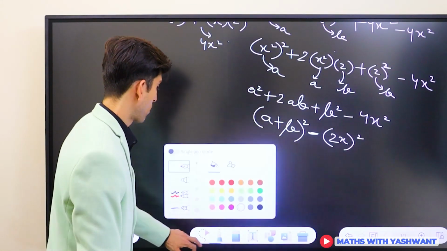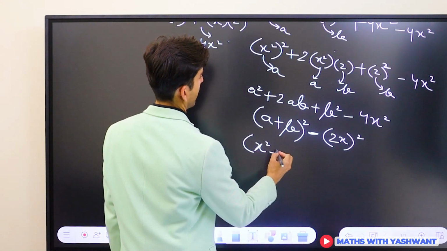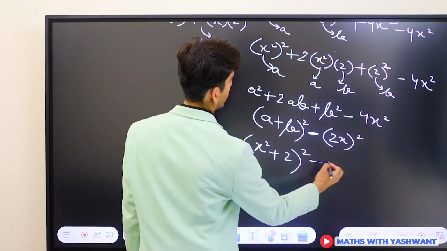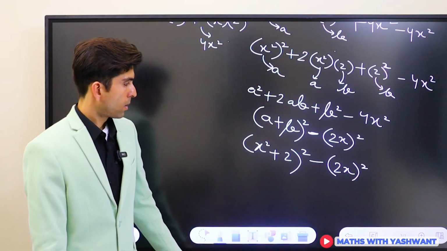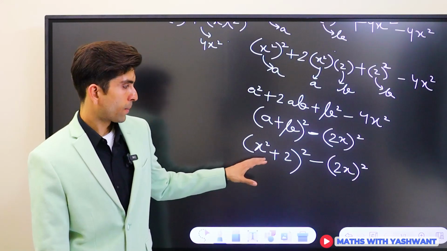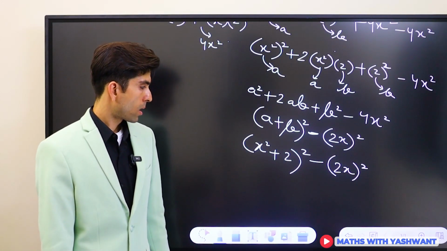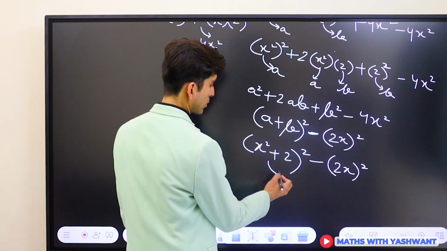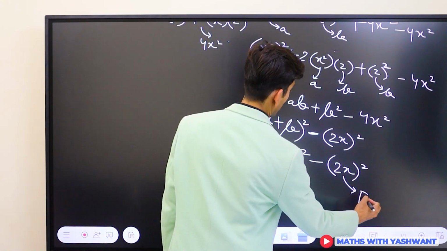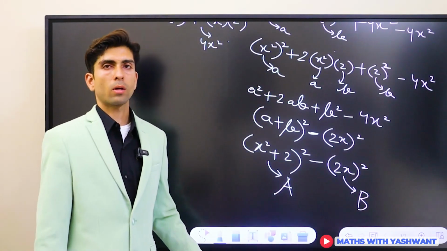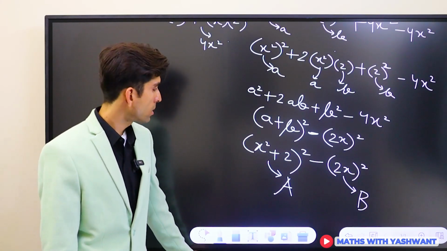Now we back substitute the values of a and b. So a is x square and b is 2. So we have x square plus 2 whole square minus 2x whole square. Now it gives us an idea to use A square minus B square. Let's not use small a and small b, let's use capital A and capital B so that you don't get confused, because we have already used the lowercase a and b in our previous steps.